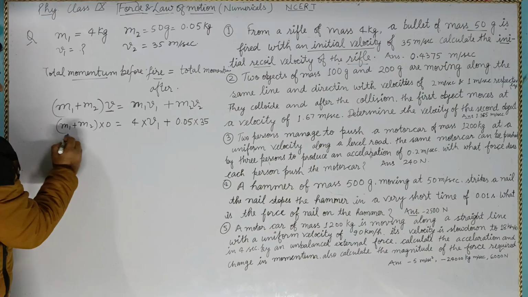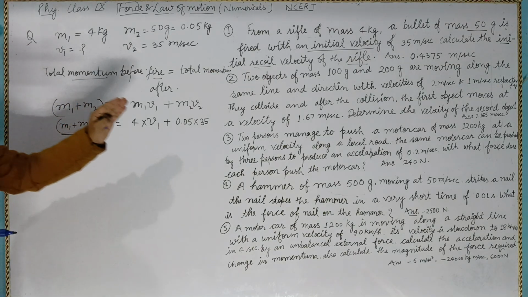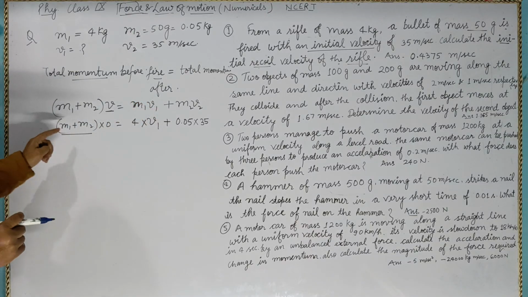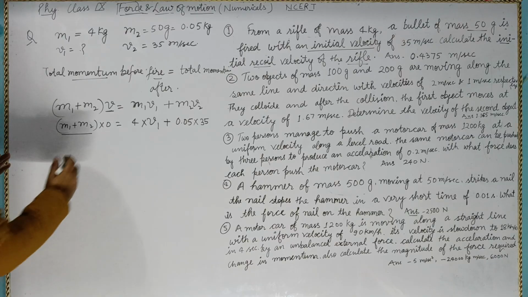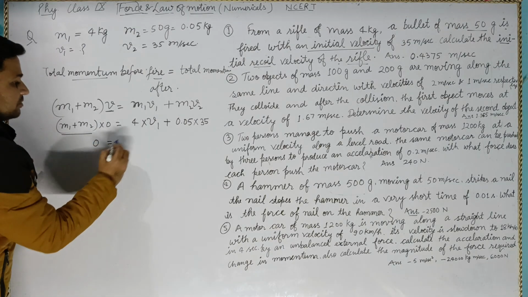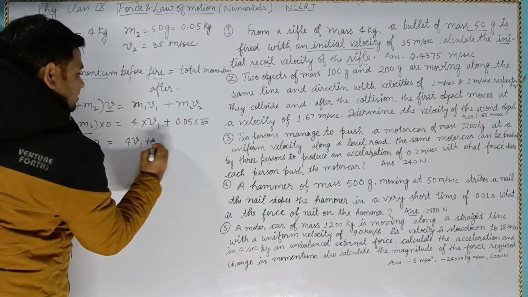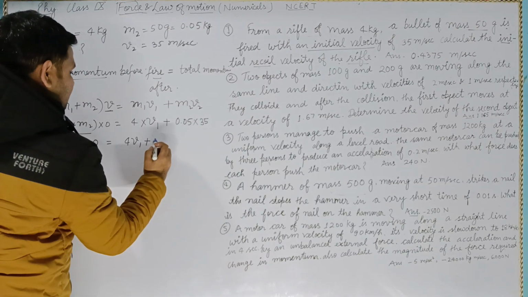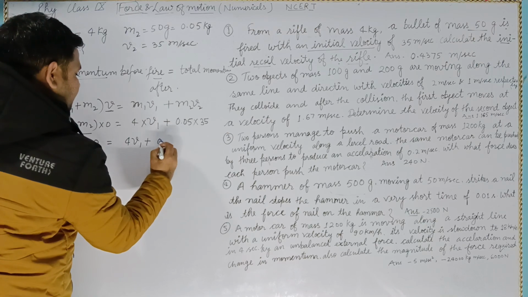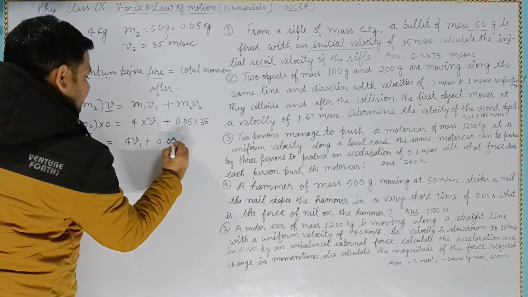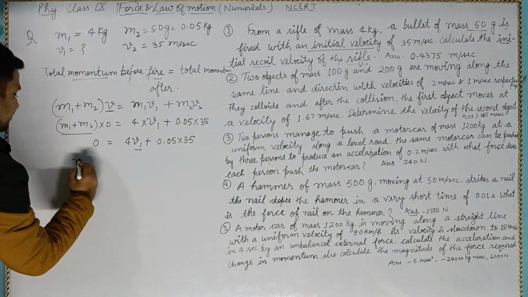When we multiply M1 plus M2, the total mass of the rifle and bullet, by 0, it will be 0. So we write 0 equal to 4V1 plus 0.05 into 35. We have to find V1.